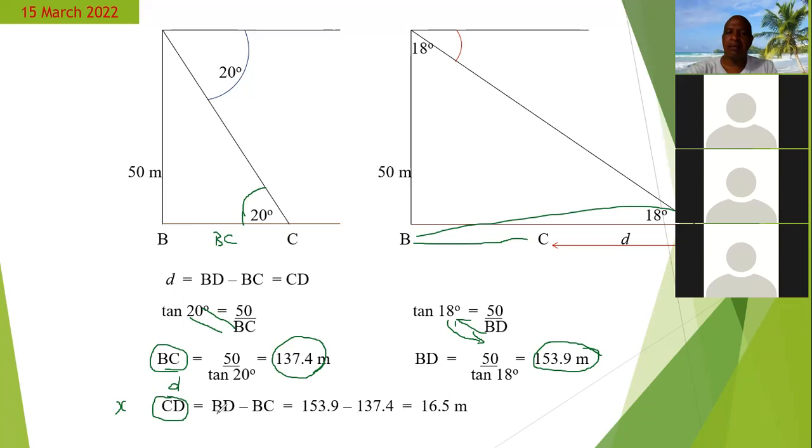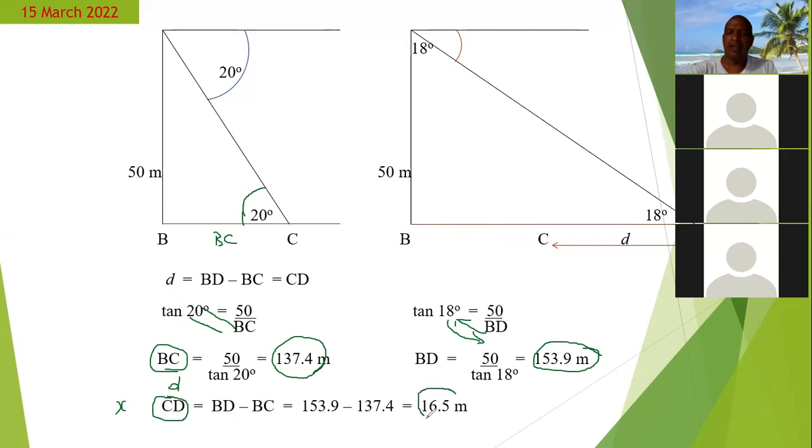So BD minus BC. We know BD would be 153.9. We know BC is 137.4. So we subtract 137.4 from 153.9.